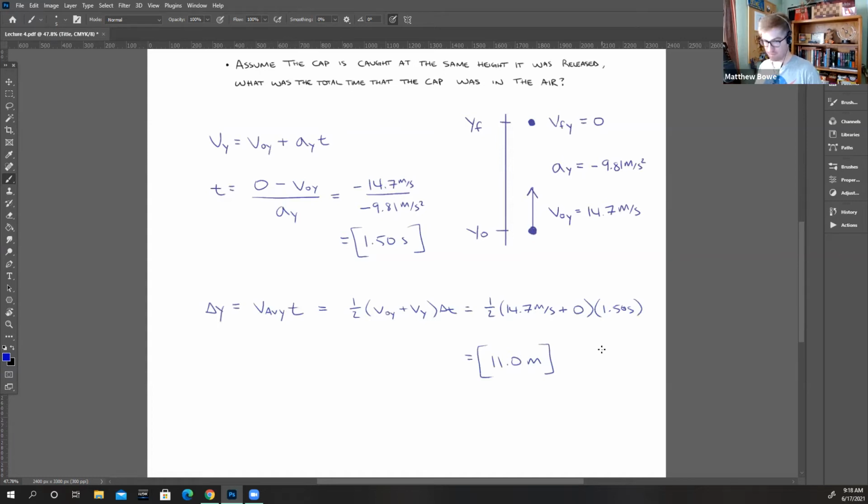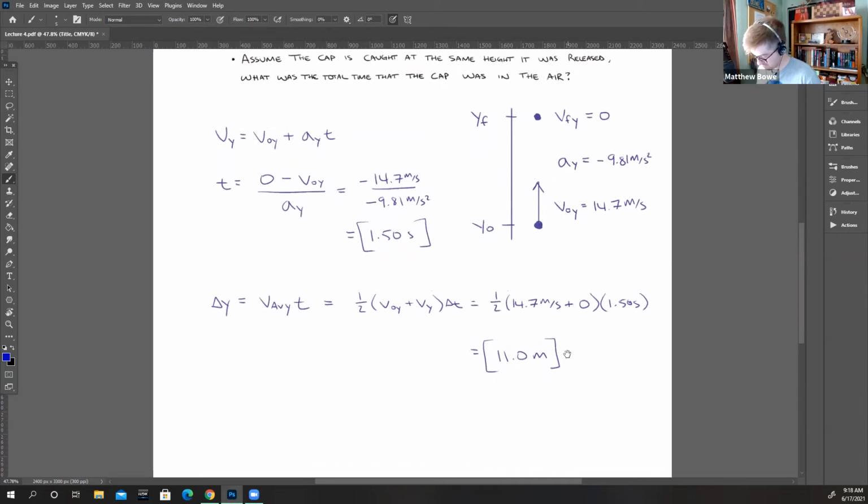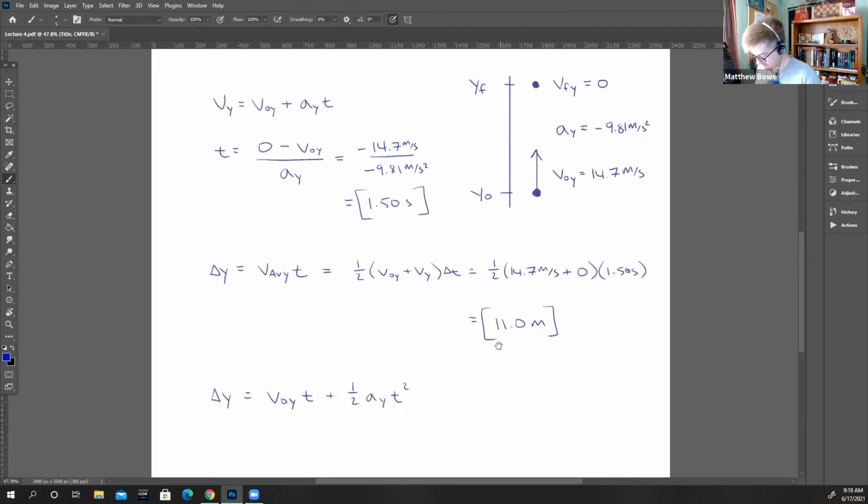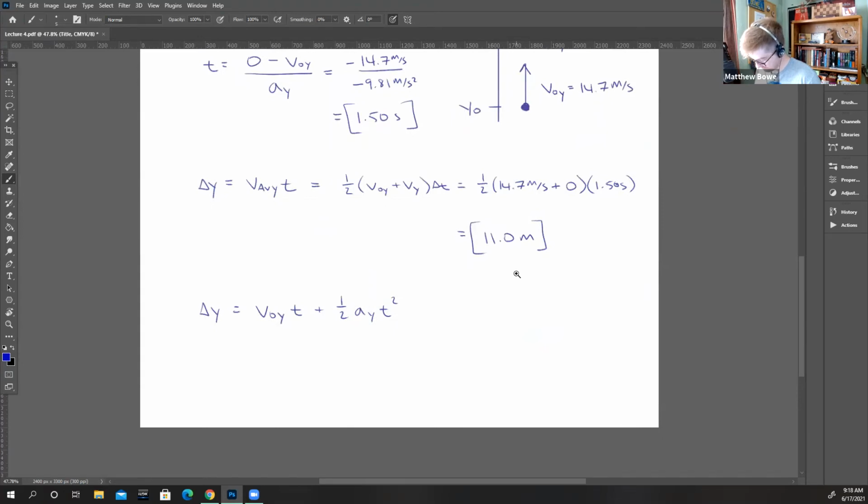And the last bit of the question: assume the cap is caught at the same height. What was the total time the cap was in the air? We're going to use the second kinematic equation, delta y equals v naught y times t plus 1/2 a y t squared.